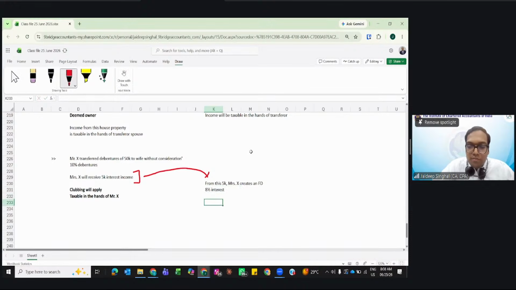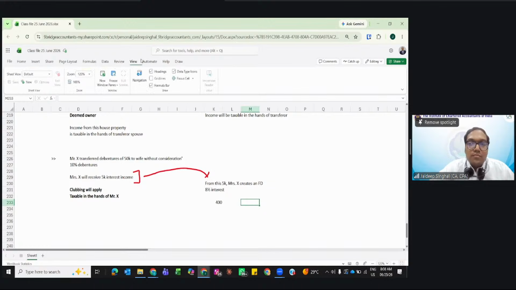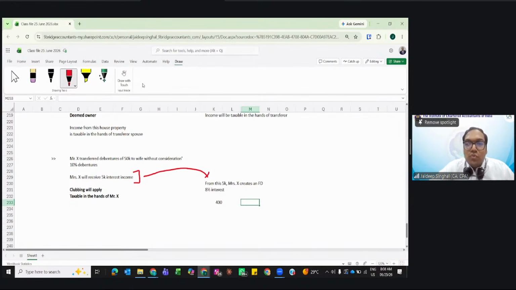So she has received 5,000 into 8%, 400 INR. Will clubbing apply for this 400? This is income on income. On this, no clubbing will apply. Mrs. X will pay tax on it.